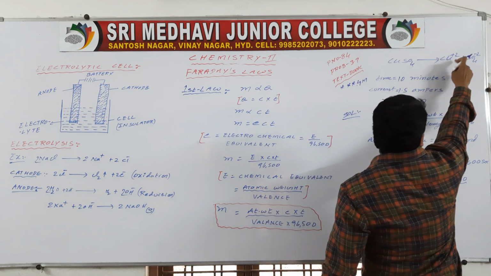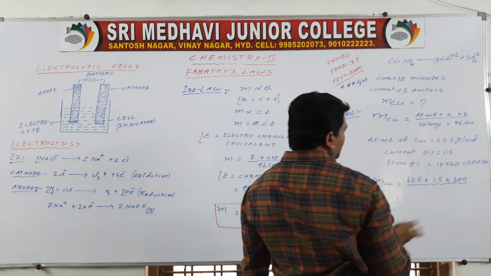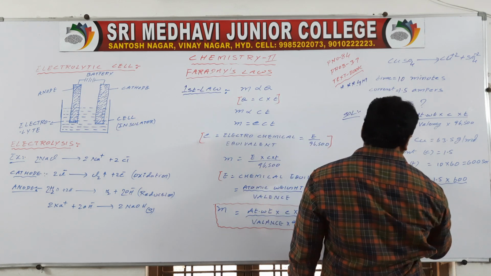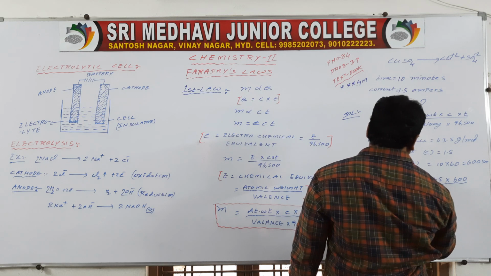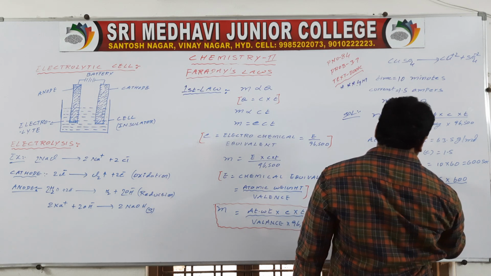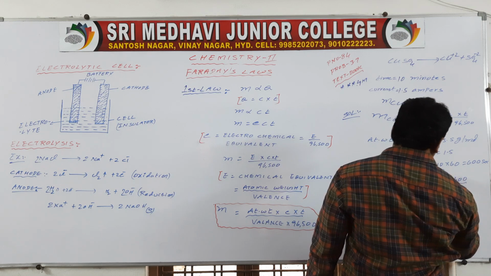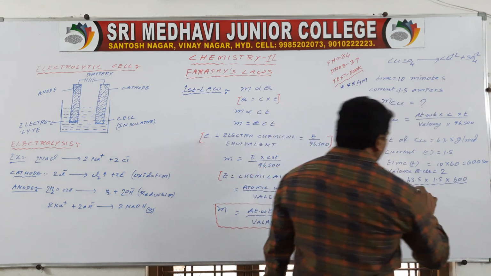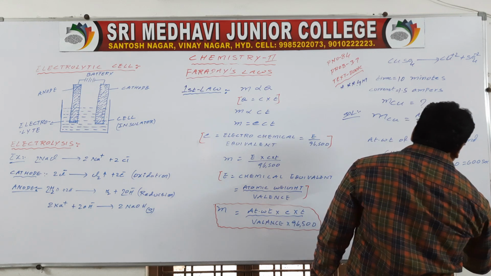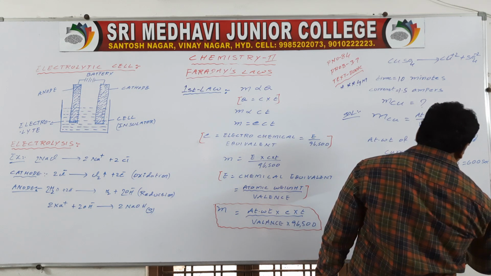The valency of copper is 2, because in Cu plus 2 it loses 2 electrons. Then 2 into 96,500.